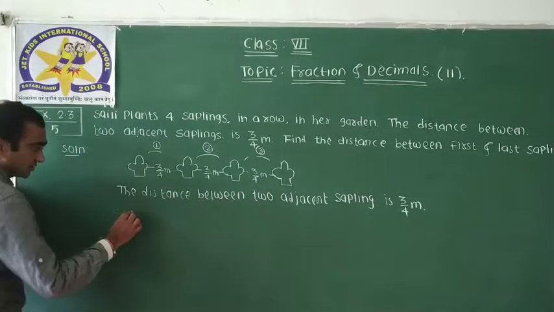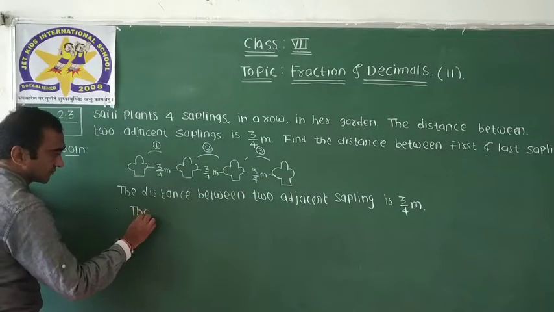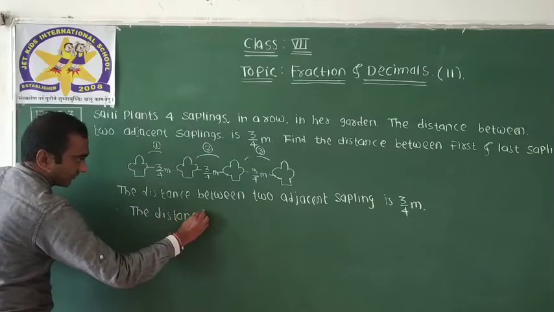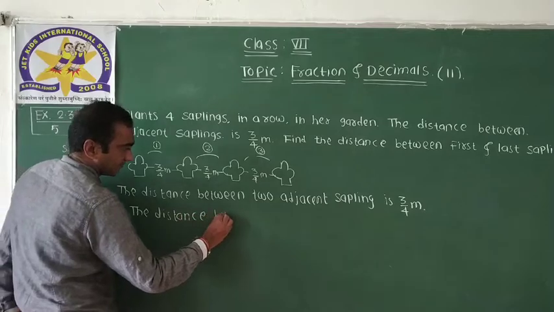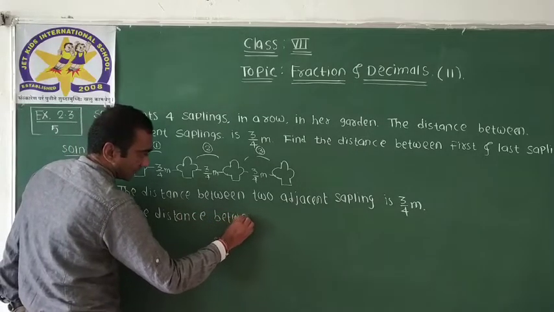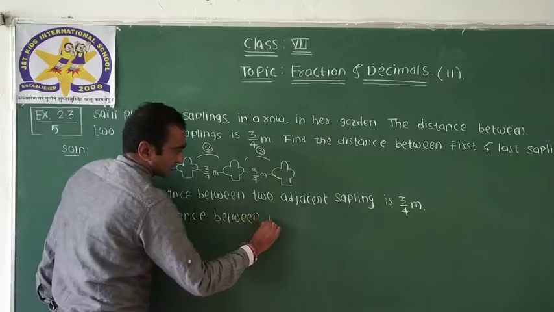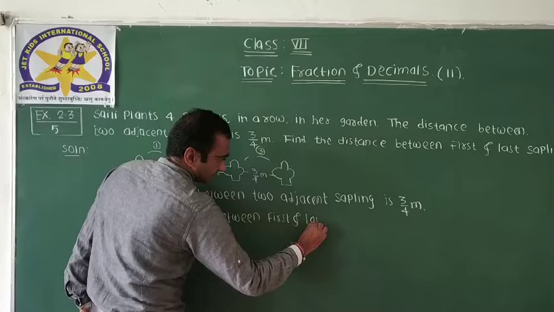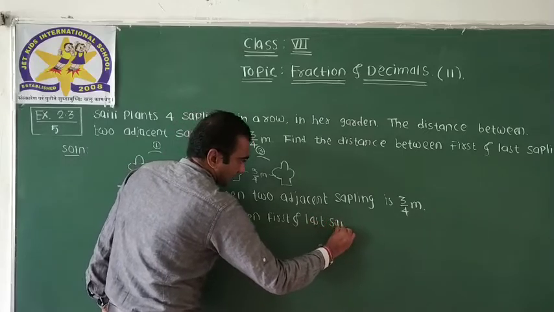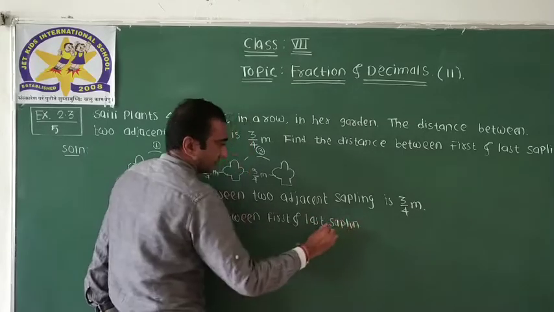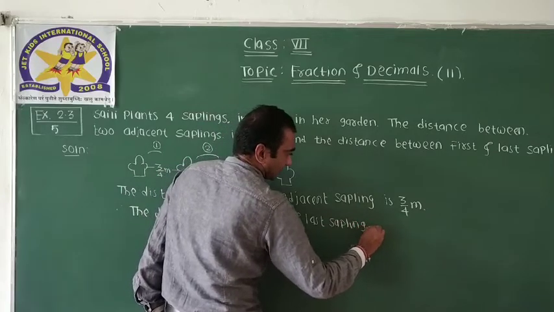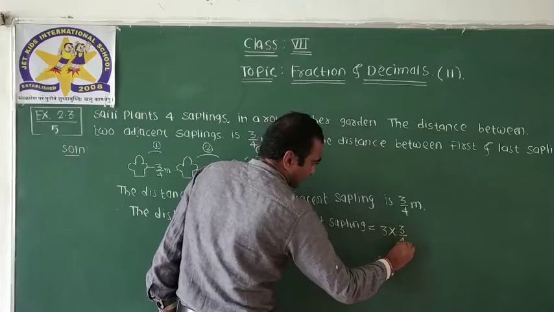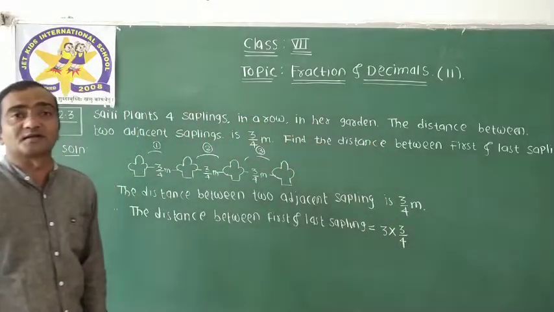Therefore, the distance between the first and last sapling is equal to, there are 3 gaps and the distance between 2 adjacent saplings is 3 by 4 meter.